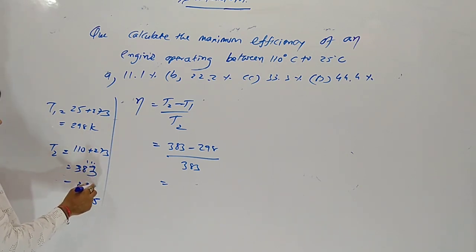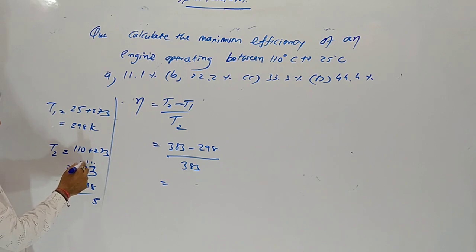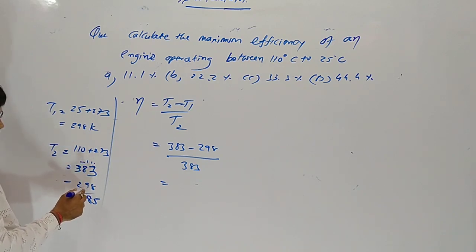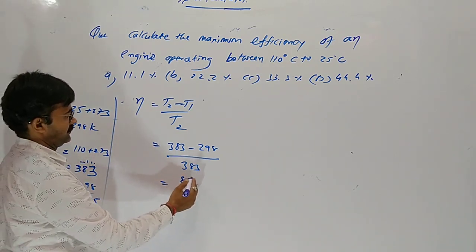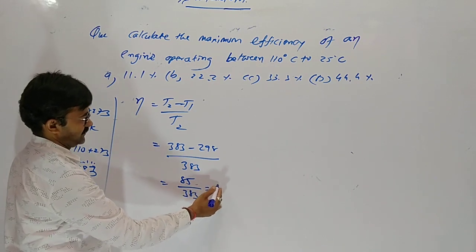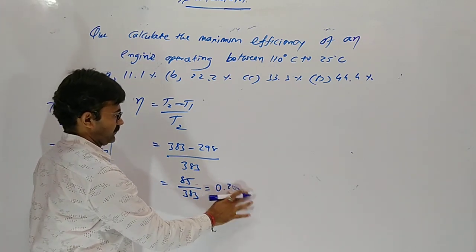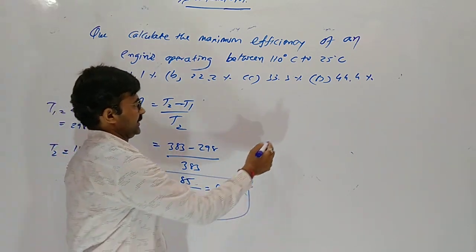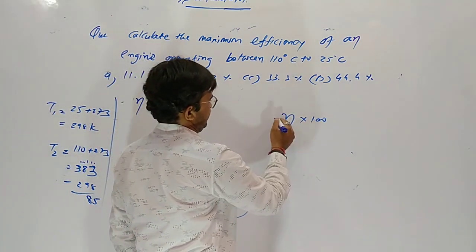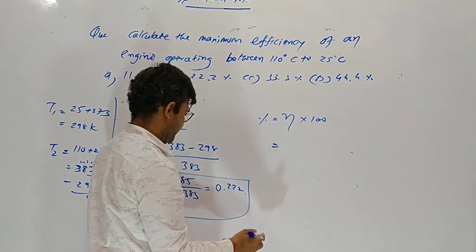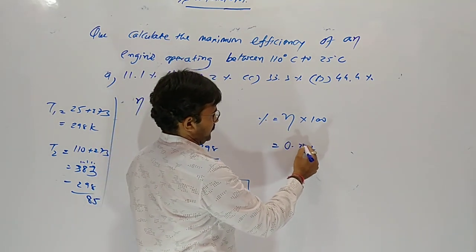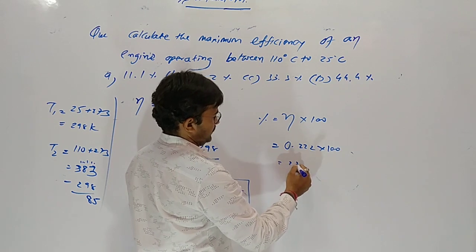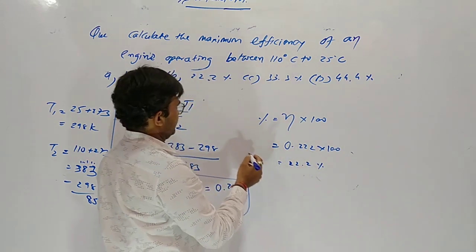Here 85 upon 383, it is 0.222. This is eta. For getting percentage, eta multiplied by 100. 0.222 multiplied by 100, so 22.2%.